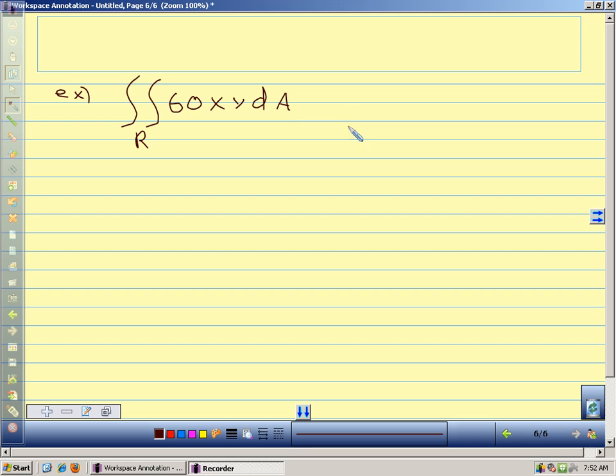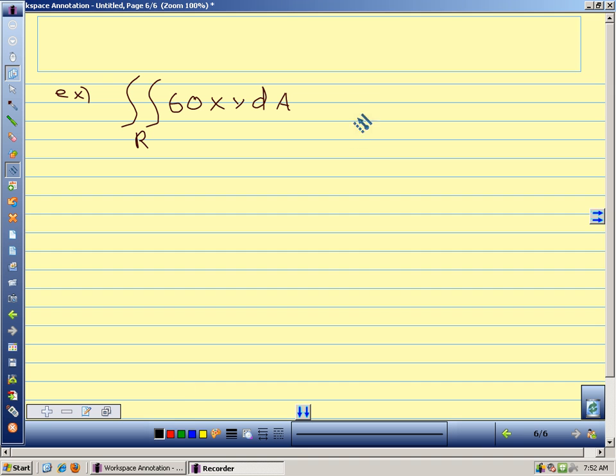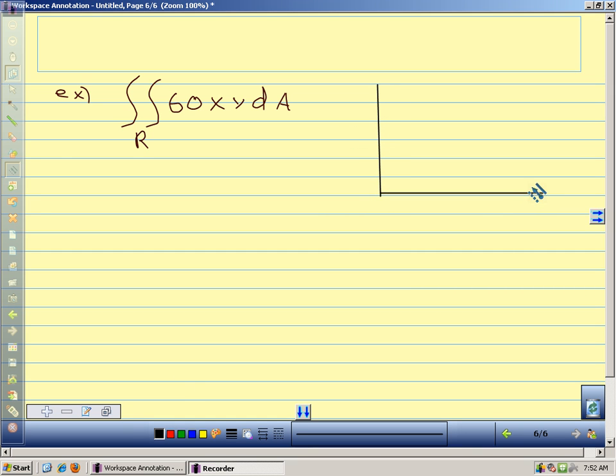And our region, we sketch our region here. Our region is this parallelogram.